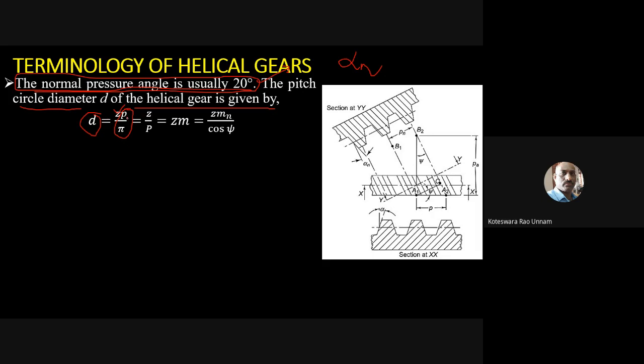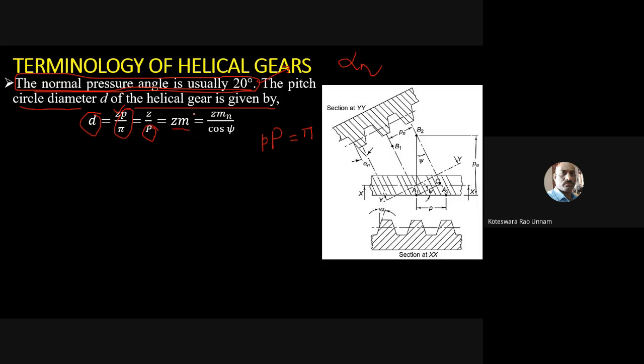So Z p by pi, we substitute for capital P. You know that small p into capital P is equal to pi. If you substitute that here, the small p cancels out, and you will get Z by capital P, which is nothing but Z into m.